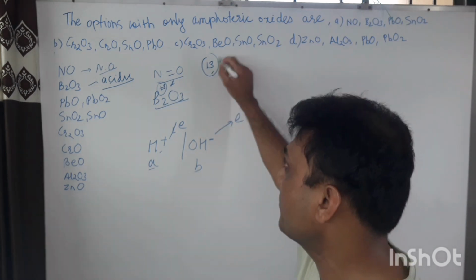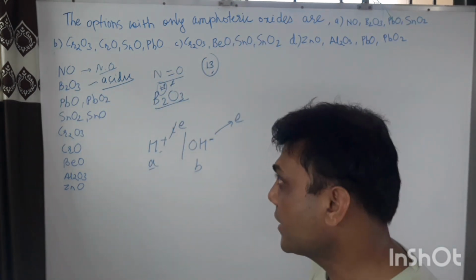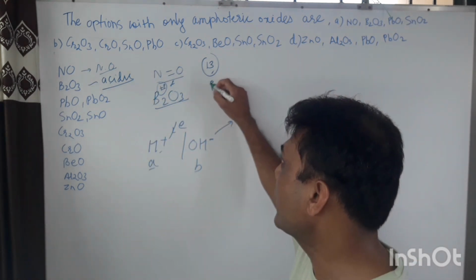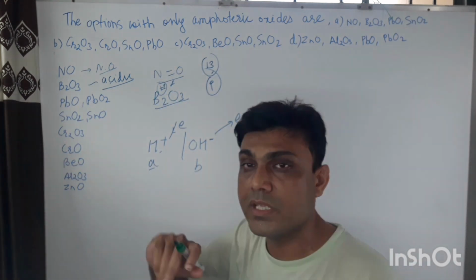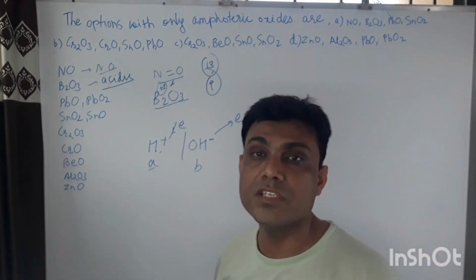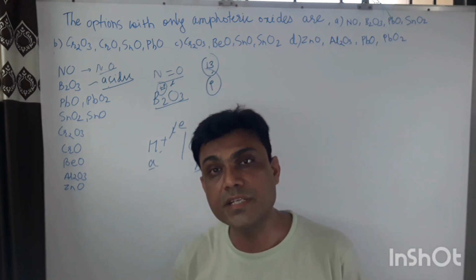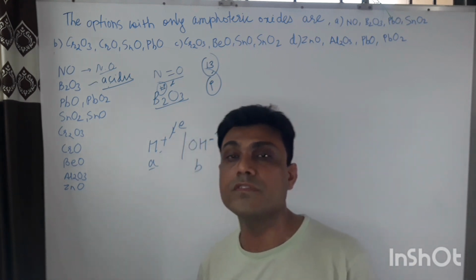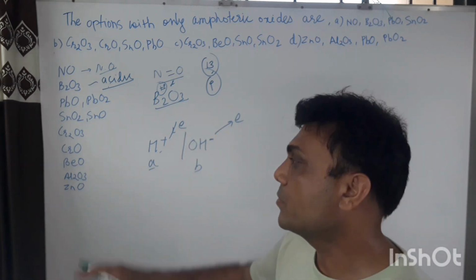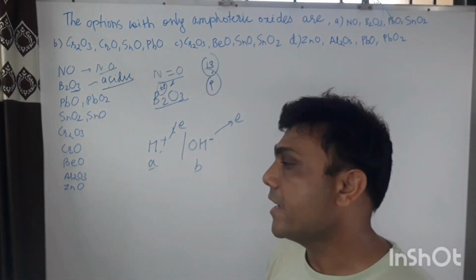That means in group 13 boron is a non-metal, and secondly it is a p block element and mostly forms covalent compounds. That's why it is acidic in nature, because most non-metal oxides are acidic because of their covalent nature. So because of these two reasons, boron trioxide is acidic in nature.